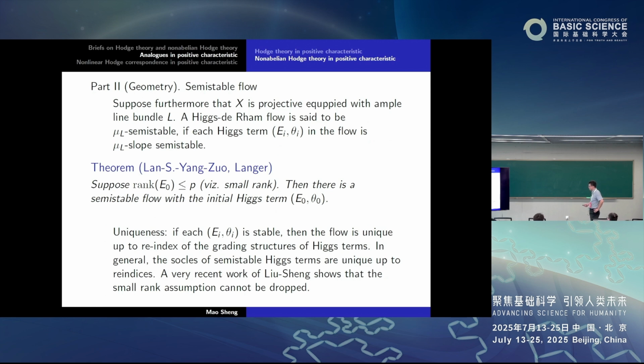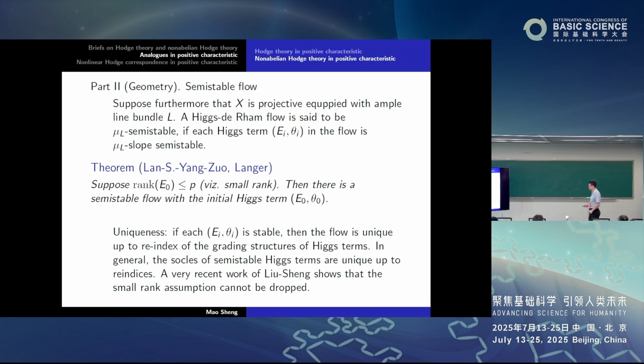Then here you will see the theorem as kind of an existence theorem, like the previously mentioned existence of Hermitian Yang-Mills in X_p. So suppose the rank of the bundle is small. E_0 is our initial Higgs bundle. You fix some Higgs bundle, and the assumption is the rank is small.